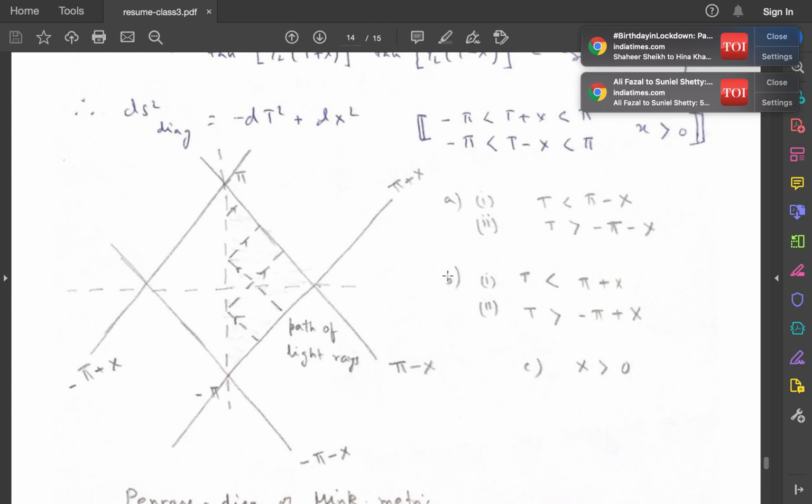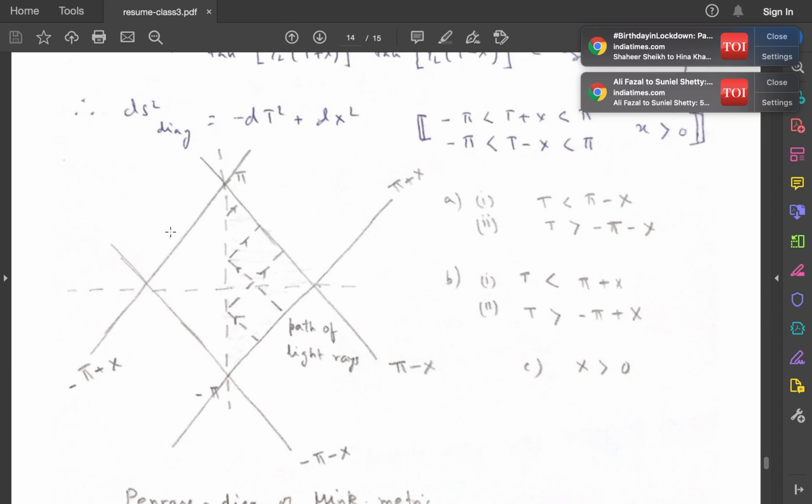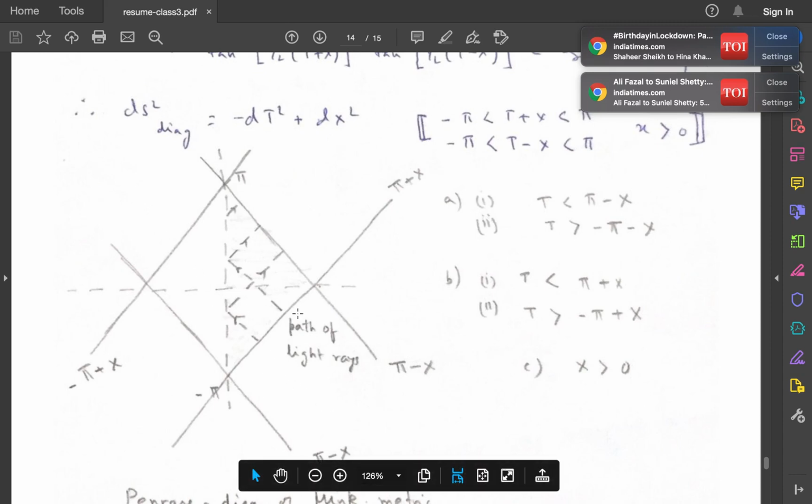Now what does condition B give us? t should be less than pi plus x. What is pi plus x? This is the pi plus x line, so t should be less than that.